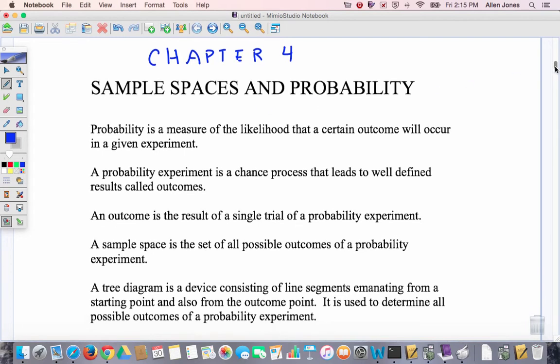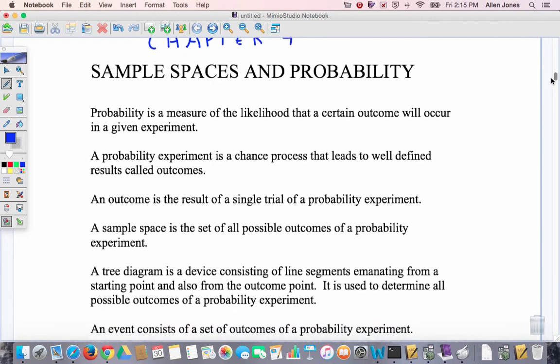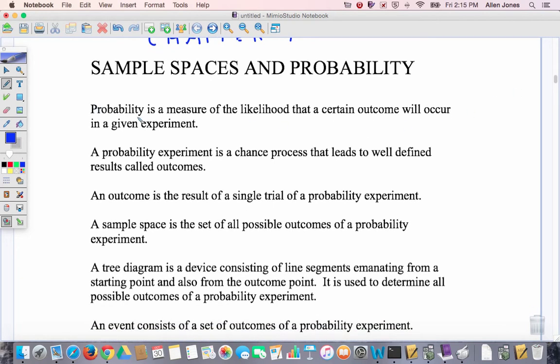So just running down through some of these definitions. Definition of probability is the measure of the likelihood that a certain outcome will occur in a given experiment.